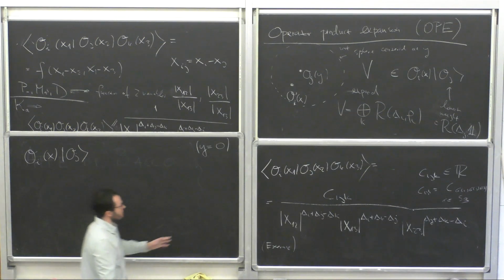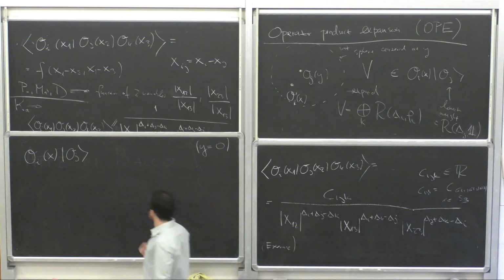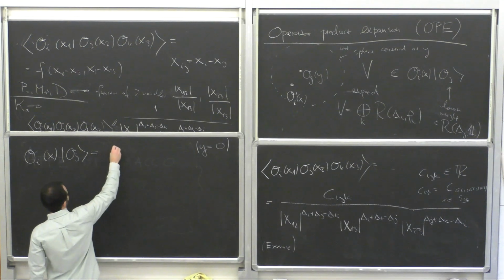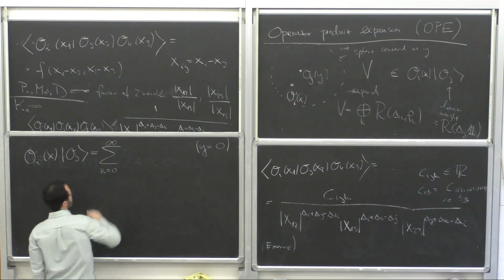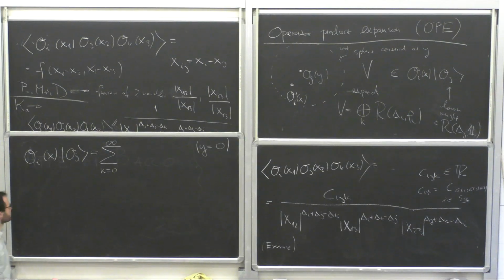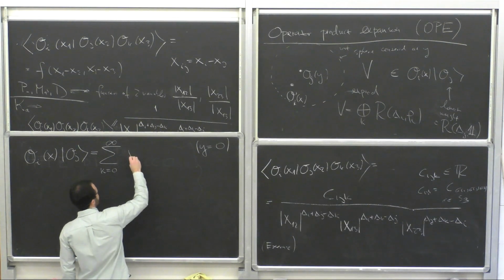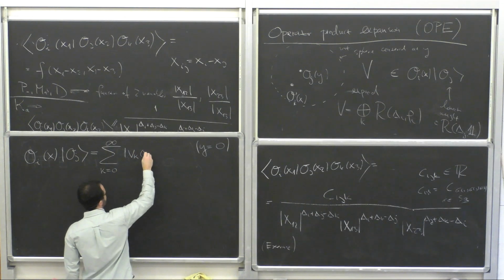Okay, and now we use this spectral decomposition to write this as a sum over K, where K runs over all the primaries. And we have some vector V_K which depends on X, right?